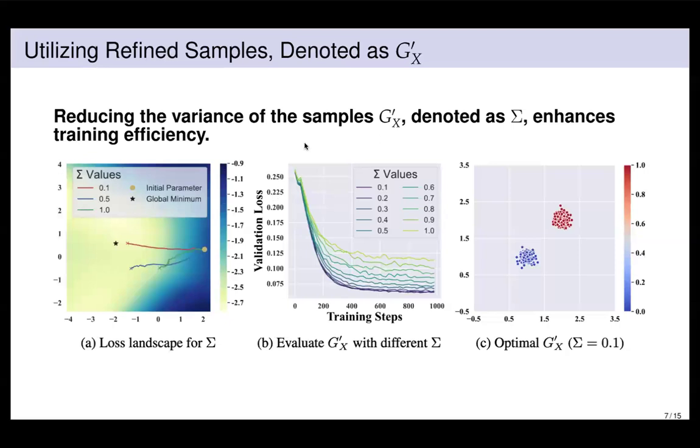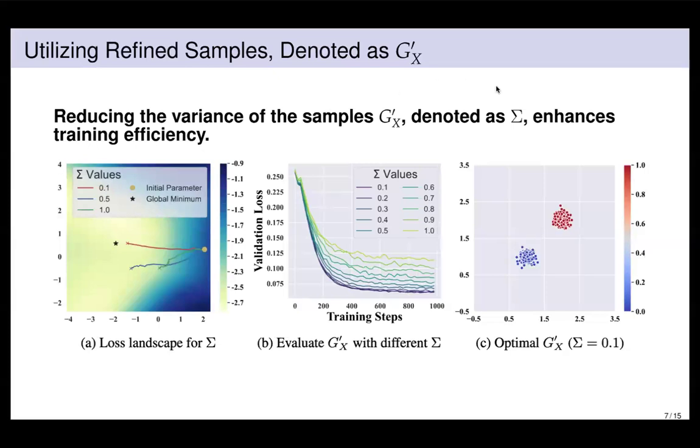Now, let's shift our attention to using refined samples. As we just said, we want to refine the dataset into another one to increase the training efficiency. At first, we will use the original targets. That means we fix the targets and change the samples.